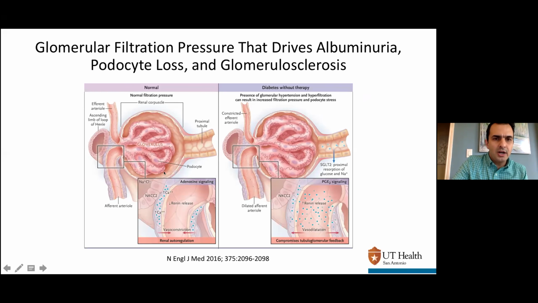So this is your glomerulus, and this is your normal filtration. You have your afferent. This is the glomerulus. The blood comes from the afferent, goes to the glomerulus, and then leaves from the efferent. In patients with diabetes without therapy, there's what's called hyperfiltration.